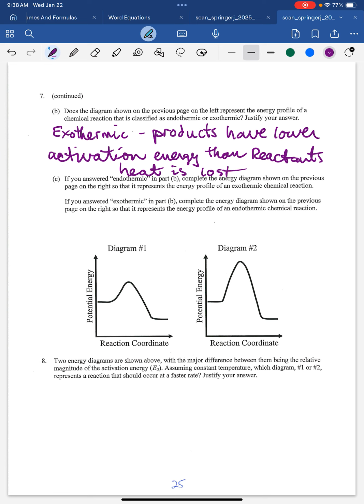All right, if you answered endothermic in part B, complete the energy diagram to show that it represents the energy profile of an exothermic chemical reaction. If you answered exothermic, whatever we had there, we have to draw the opposite.